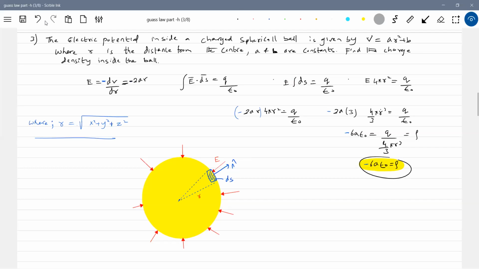Of course, here the angle between E bar and ds will become 180, and this sign will get eliminated. Okay, don't put positive, because look at the E bar. E bar is radially inward, so then it should be negative charge density. Here you don't get any sign, but looking at the E bar, we should interpret that as negative charge density.